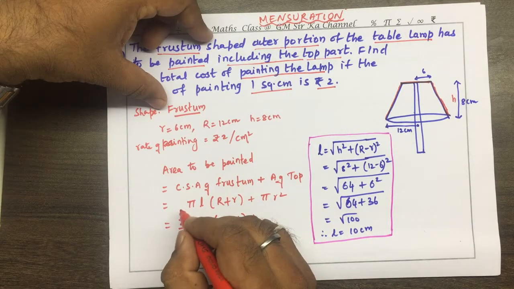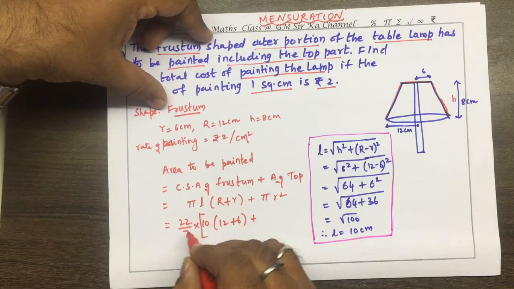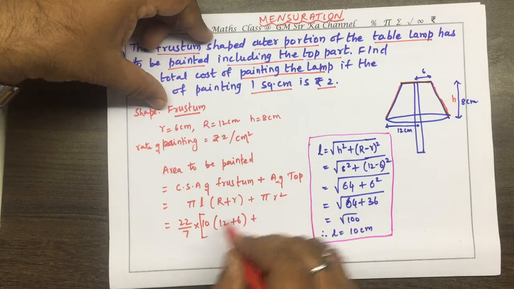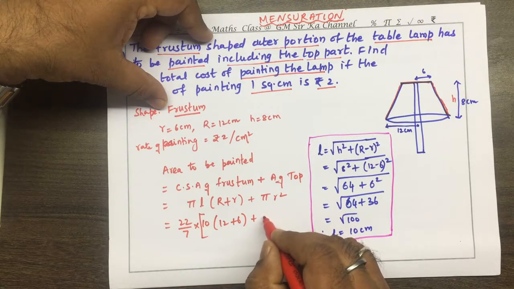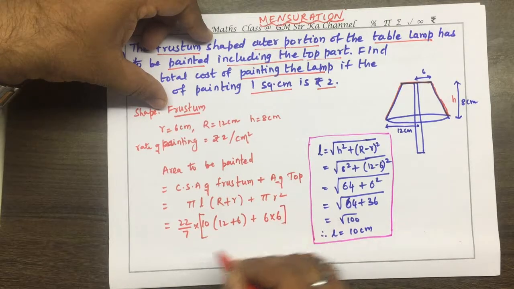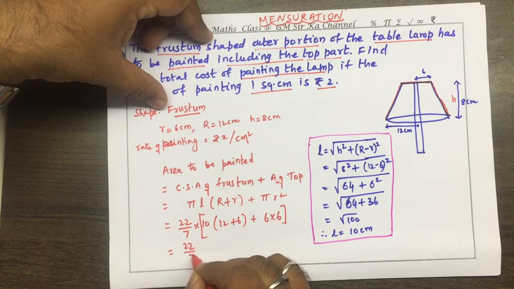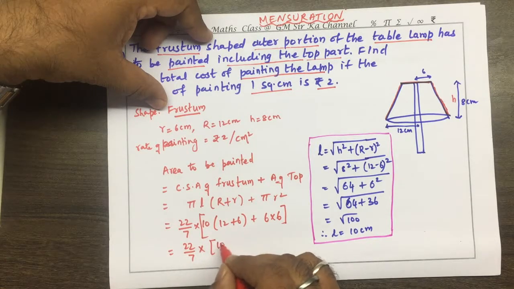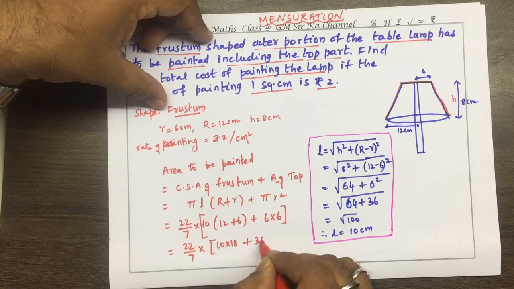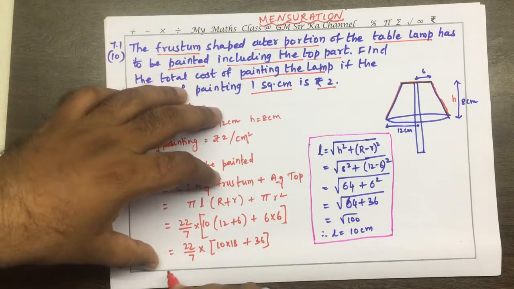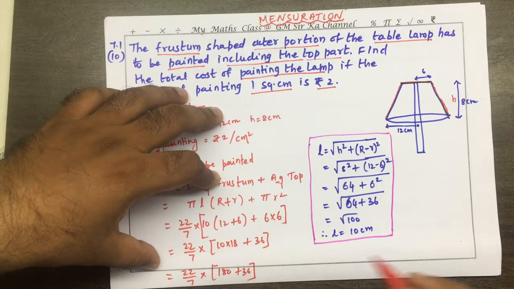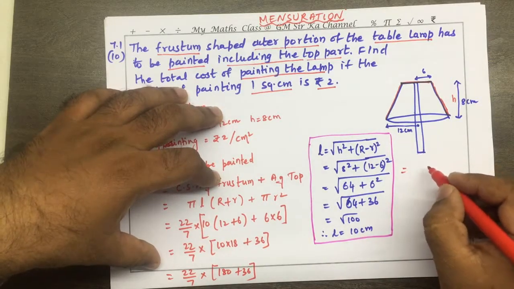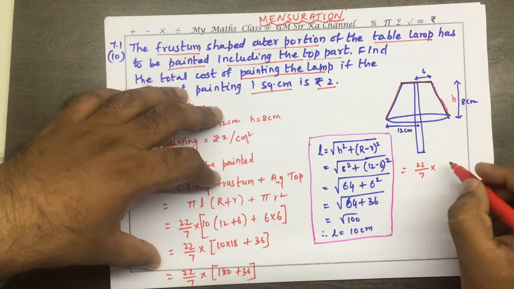This pi can be taken as common, so we have 22 by 7 as common, and here we have small r square, that is 6 into 6. So we have 22 by 7 into 10 into 18 plus 36, which is equal to 22 by 7 into 180 plus 36, and we have 22 by 7 into 216.